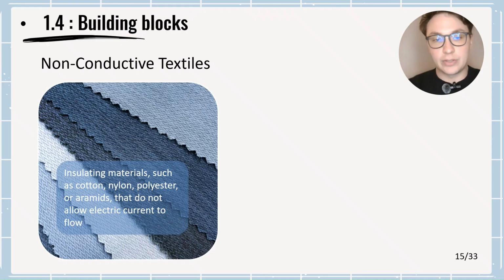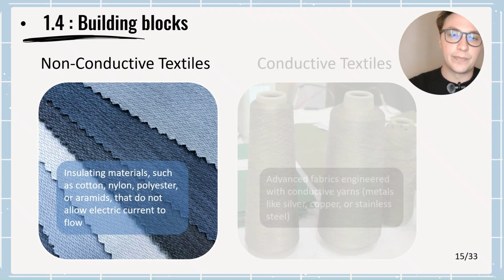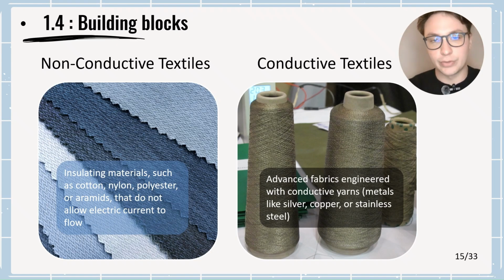We do have to consider two main categories for the very textiles. So we can start with the non-conductive textiles. Basically, we can consider them as insulating materials made out of cotton, polyester, aramids, or all the other materials we can make textiles of that basically do not conduct current, but also the conductive textiles.